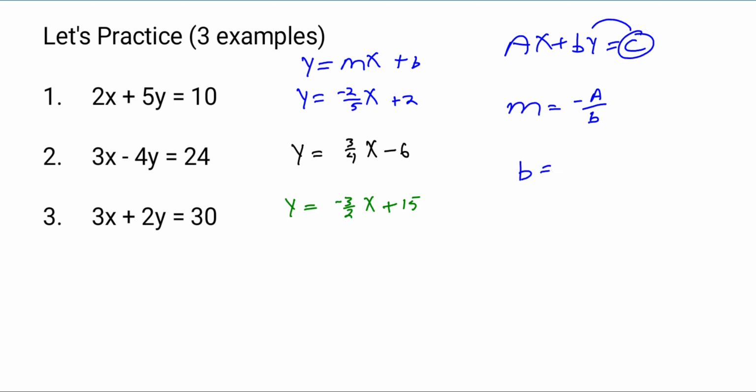This is why I don't like this, it's kind of confusing. I don't like the fact that they have the same letter representing different things and we're converting one to the other. But you just have to remember, when I'm doing this, move these numbers over like that.